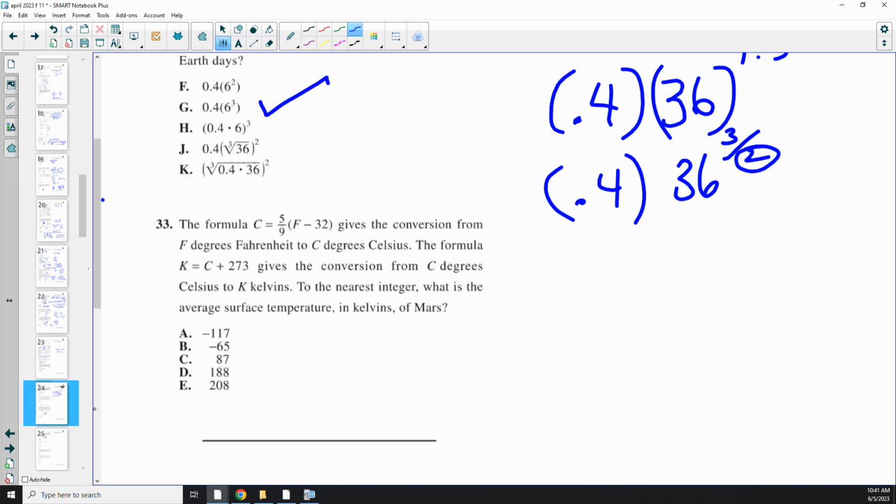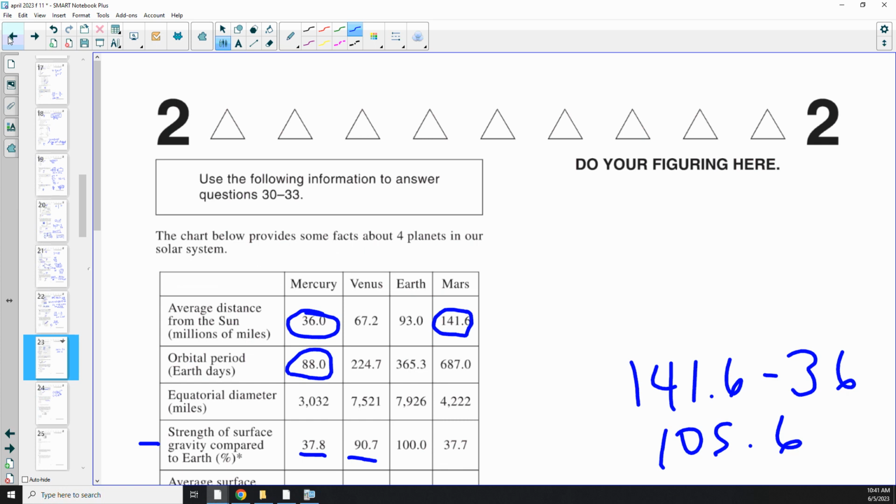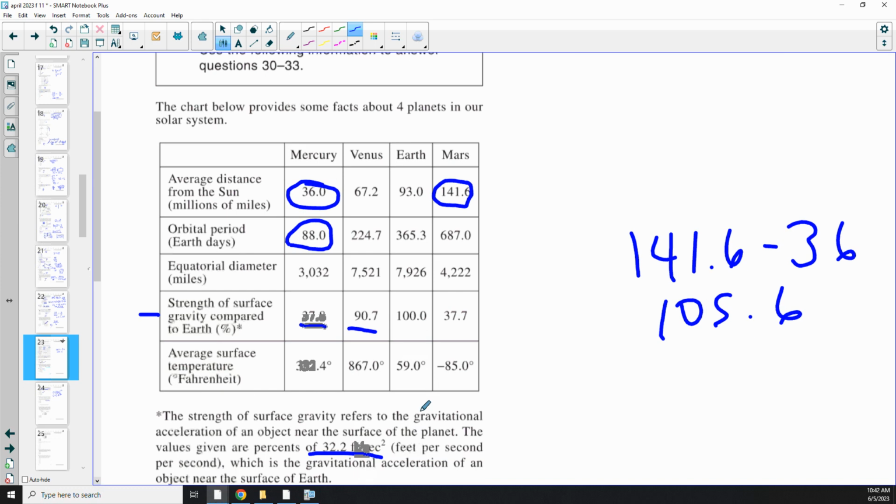Conversion. What do we have? The formula for C and the formula for K, Kelvin. What is the average temperature in kelvins at Mars? So Mars, where's the average temperature? Here it is, negative 85 Fahrenheit.